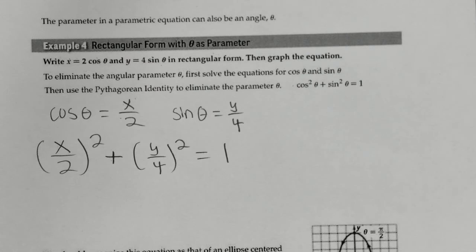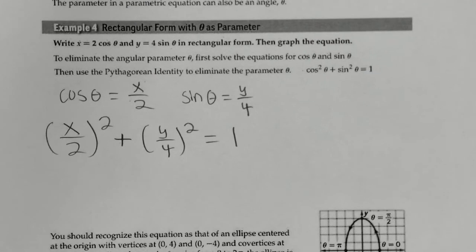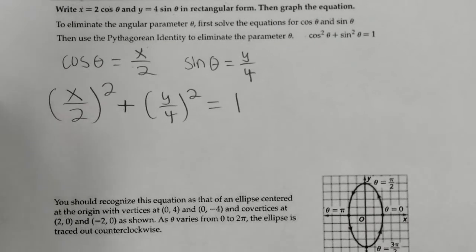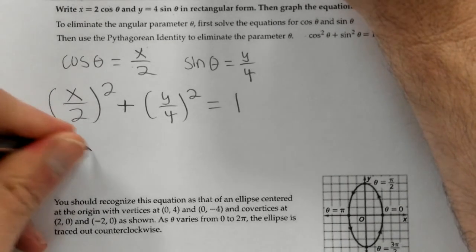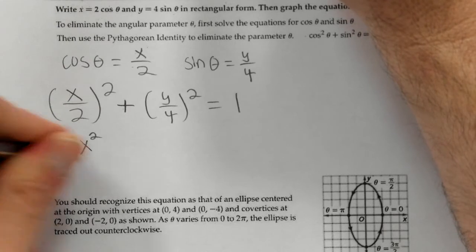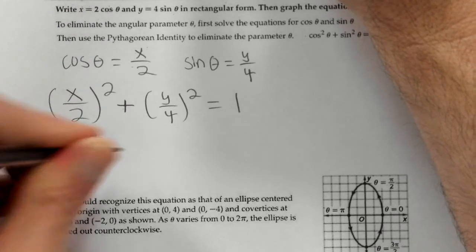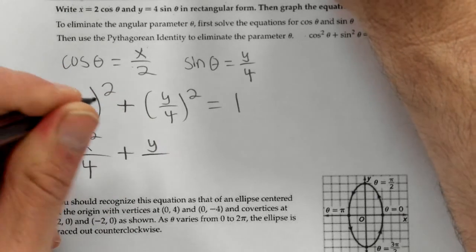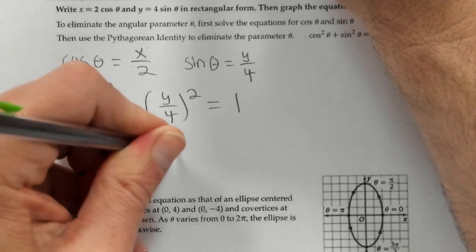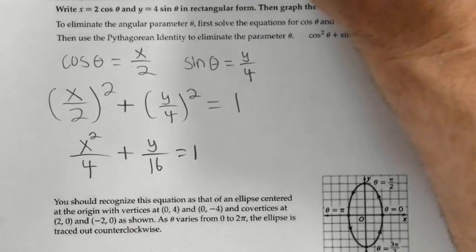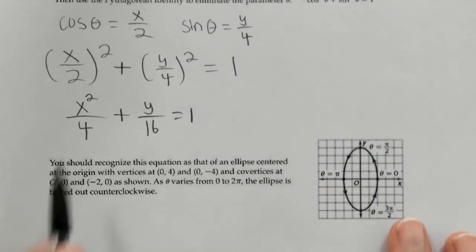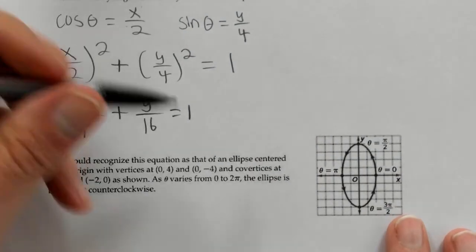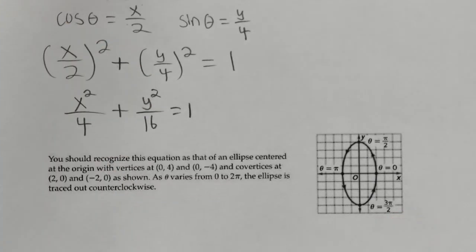And so in that one step, I have now eliminated the angular parameter. One more step to simplify will give me x squared over 2 squared, which is 4, plus y over 4 squared, which is 16, and that's equal to 1. Now, when we have an equation in this form, we've eliminated the angular parameter.